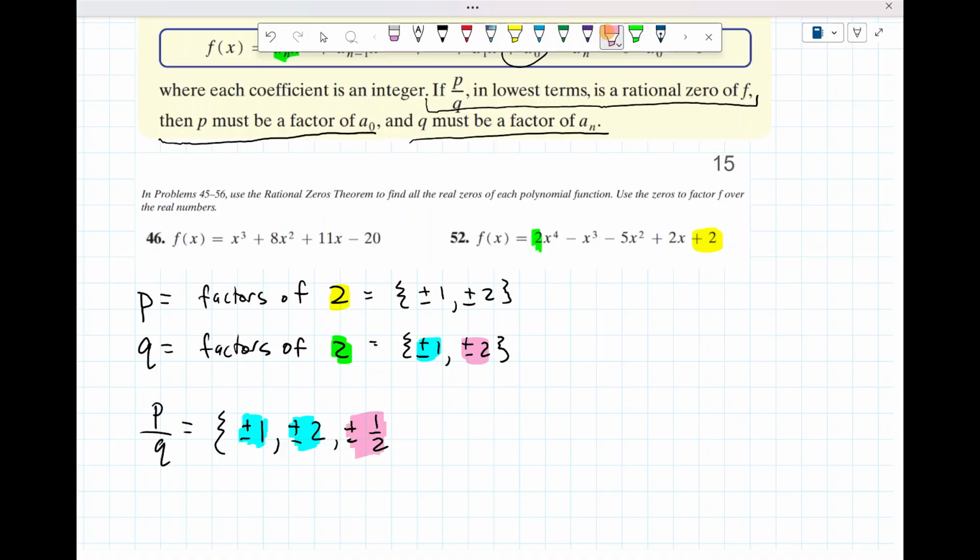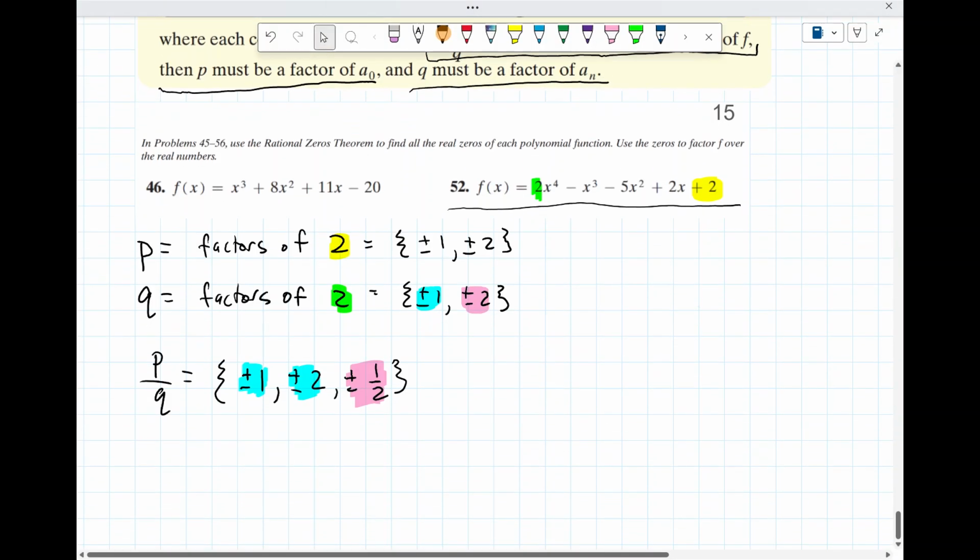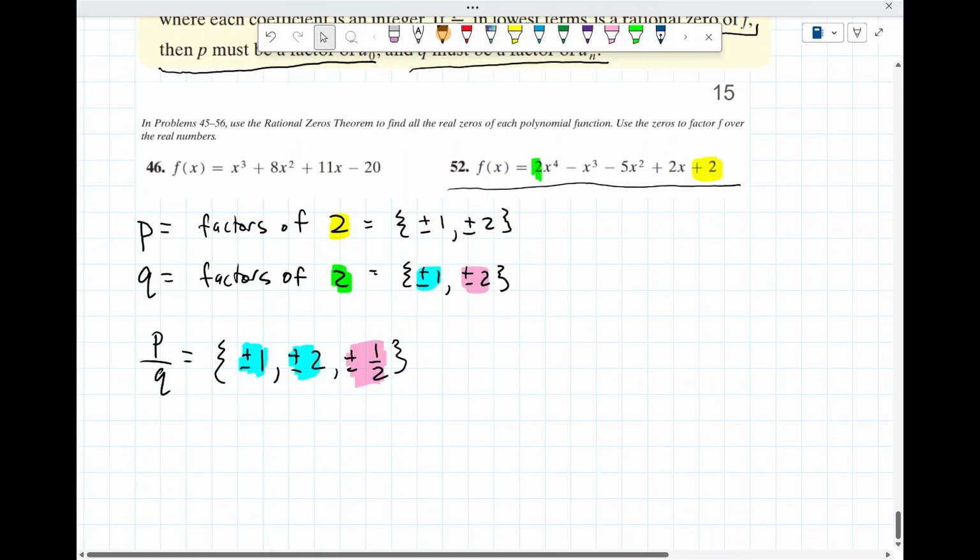And if I do plus or minus 2 divided by plus or minus 2, that would be equal to plus or minus 1. But we already have that in our set, so we don't need to rewrite it again. So now I basically have 6 different values that I can test in my search of a zero of this polynomial.